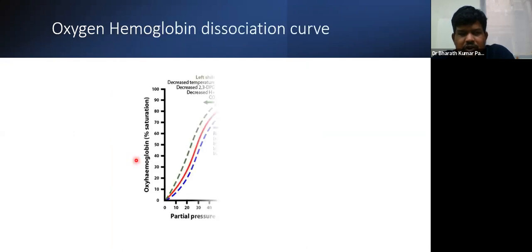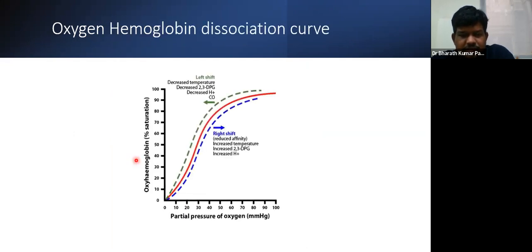One more important topic that we must discuss when we are talking about oxygen transport is the oxygen hemoglobin dissociation curve, which is drawn with partial pressure of oxygen on the x-axis and oxygen saturation of hemoglobin, as a percent saturation, on the y-axis.